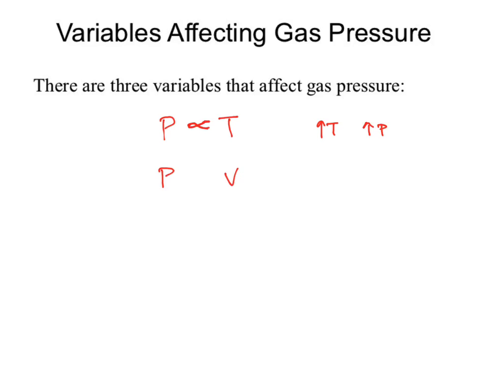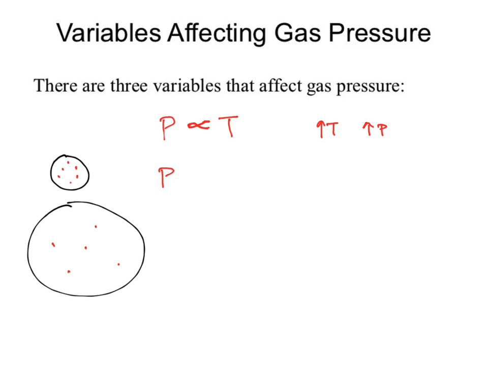Volume. How does volume affect the pressure? If we increase the volume, so we take a look at a container, here's a little container, here's our particles. Each of those particles pushes on the outside of the container. If I now move to a larger container, what happens to the amount of times those same particles hit the sides of the container?